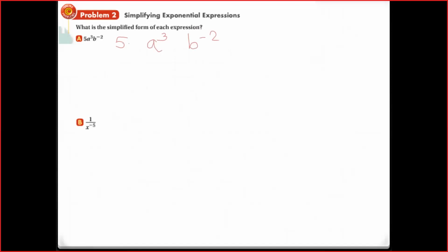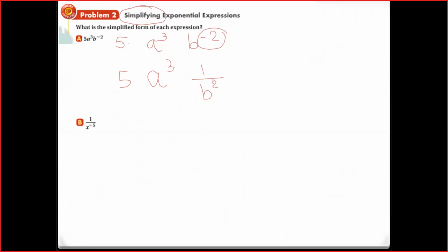After I expand it, I want now to simplify it. 5 is the most simplified one, so keep it as 5. A cubed is the simplest one also. Keep it as a cubed. And b to the power -2, as I said before, it is 1 over b. And what is the opposite of -2? +2.